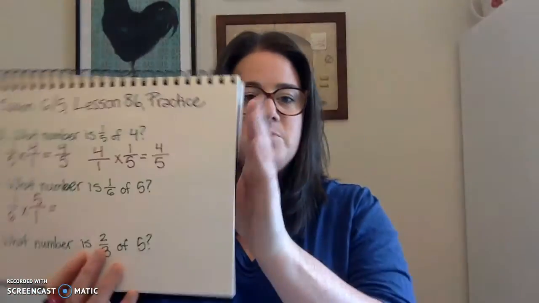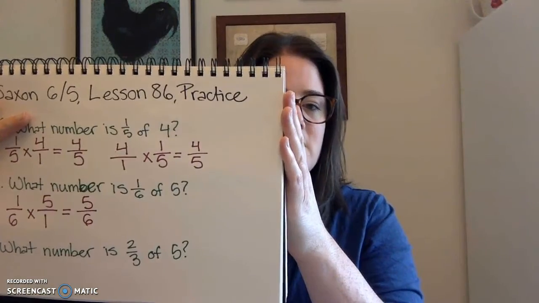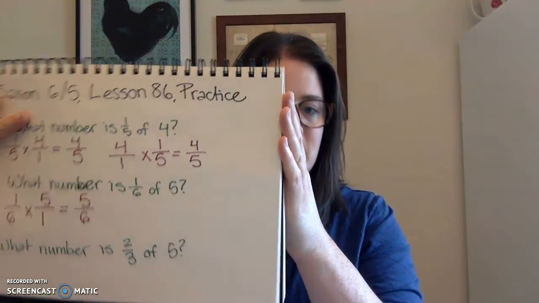My multiplication problem is going to look like that. 1 times 5, multiplying my numerators, is 5. 1 times 6, multiplying my denominators, is 6. And the number I get is 5/6. 1/6 of 5 is 5/6.